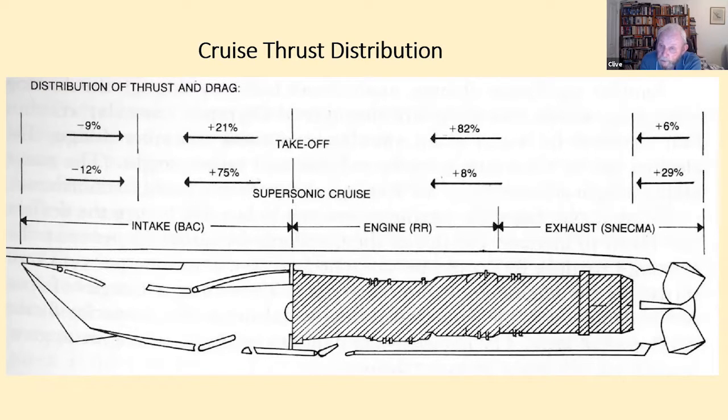So you can see from that, in terms of supersonic performance, the intake and the nozzle efficiencies are actually the important bits. Now, what I should perhaps mention is that it matters quite a bit.